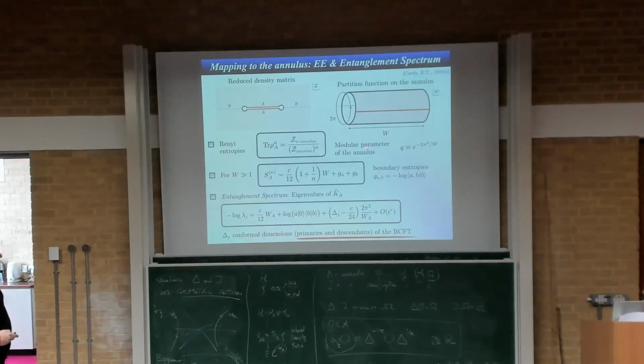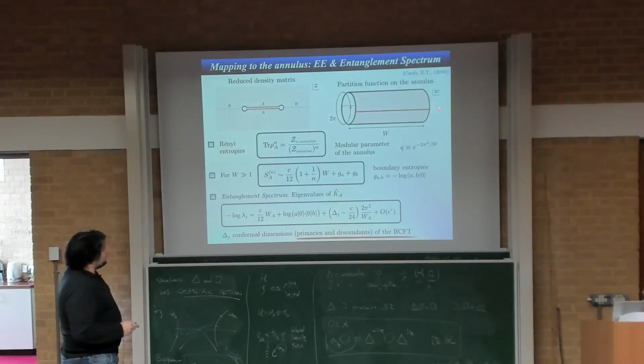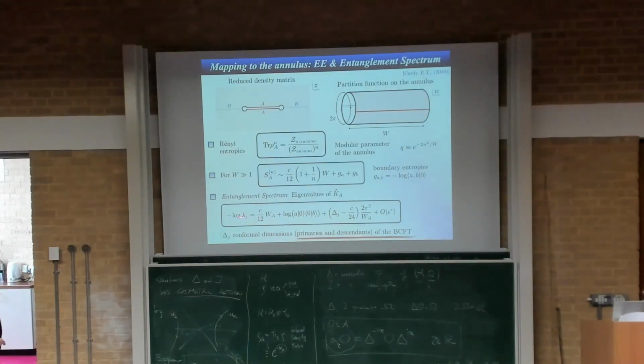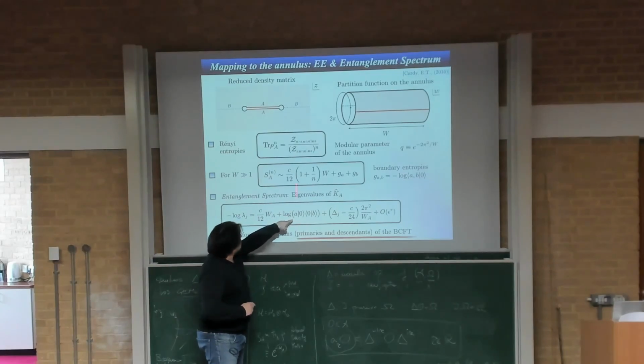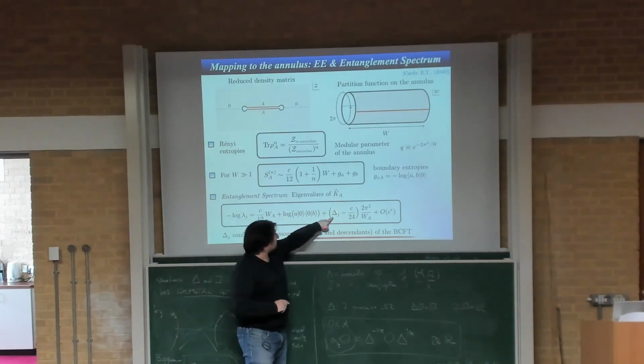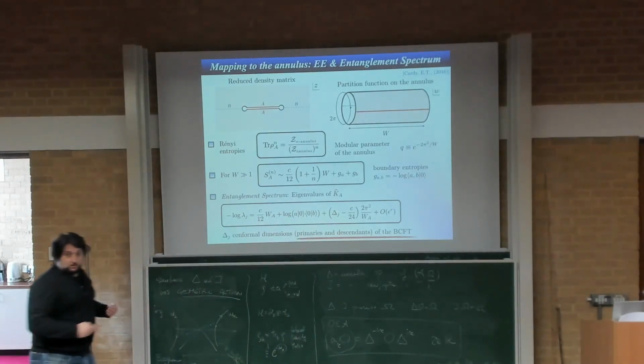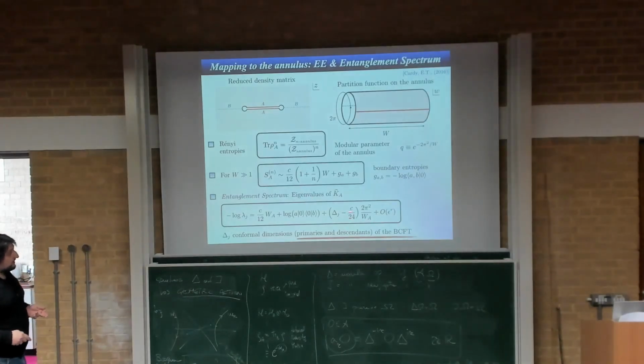So you see entanglement entropy knows about the width of this cylinder, which is infinite, only here. These G and G_B are the Affleck-Ludwig boundary entropies associated to these two boundaries. But if you take this approach, you can read off the entanglement spectrum, and it knows about the central charge, the UV regularization here, and also interestingly about the dimensions of the BCFT associated with it.